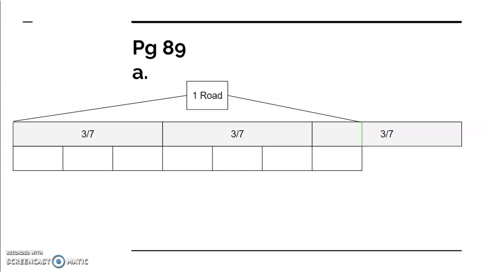In this case I'm separating it into 3 equal parts, because if that one equals 3/7, that one equals 3/7, then this last piece is also going to be 3/7, or 3 equal pieces. So I only need 1/3 of this last piece in order to get my entire road. So for this part, we're going to cut that last piece off a little bit early, so that way I have my entire road.